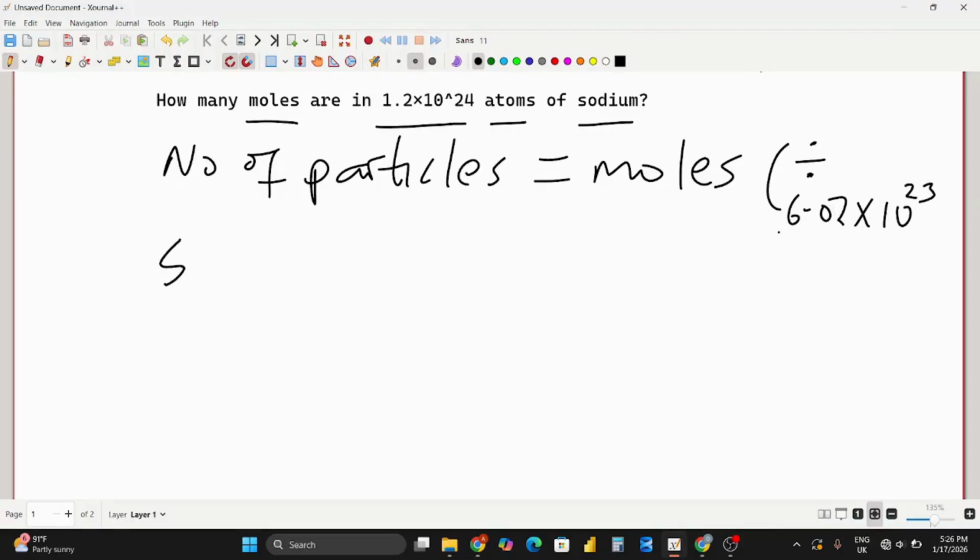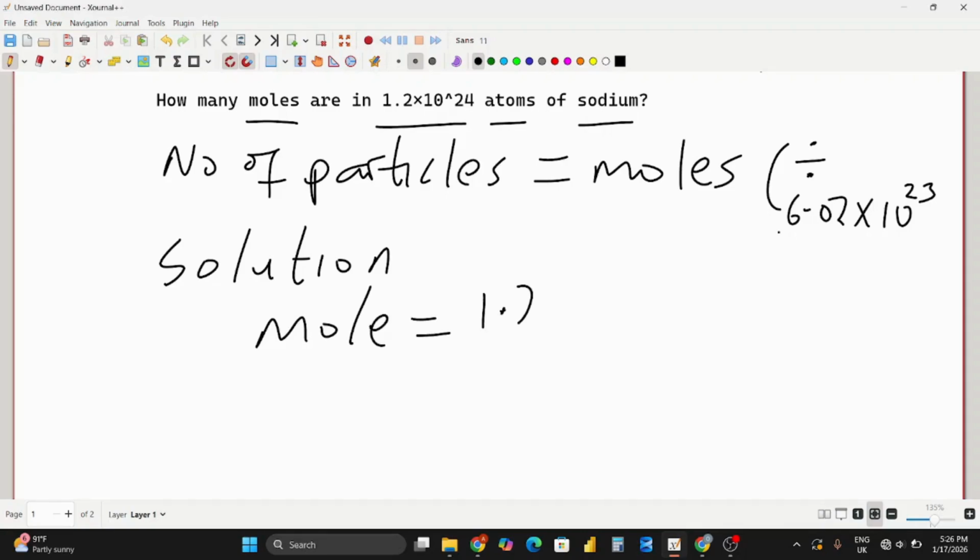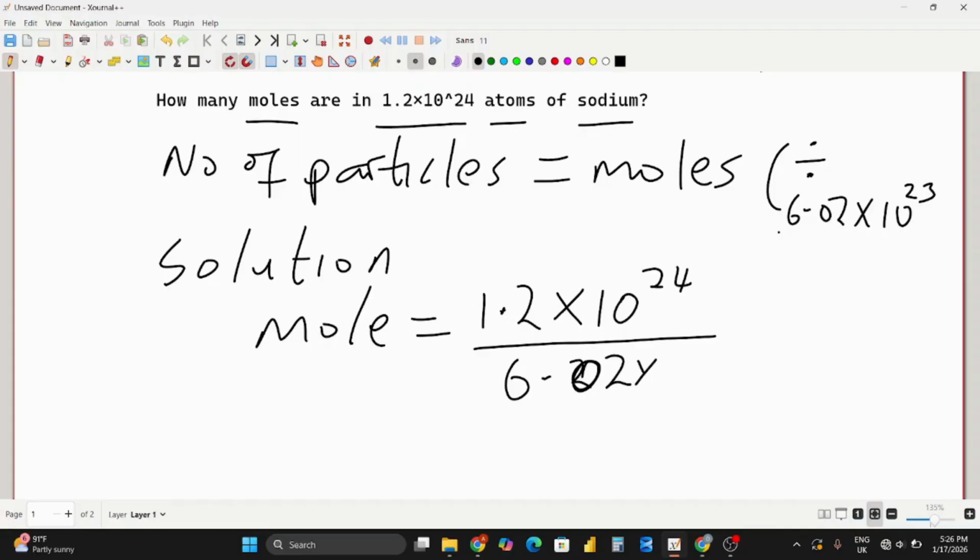So going straight to the solution, we'll just take it as mole equals the number of particles given in the question, which is 1.2 times 10 raised to the power 24 atoms, divided by Avogadro's number of particles, which is 6.02 times 10 raised to the power 23.